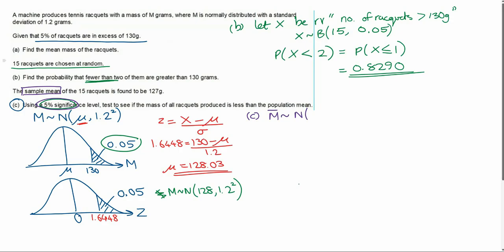We'd expect the mass of the brackets from the whole population to our sample still to be 128. But this time we'd expect a little bit less variance in the weight of those brackets. So we're going to have to divide it by 15. You'll notice some people will write 1.2 over root 15. I just don't like doing that.